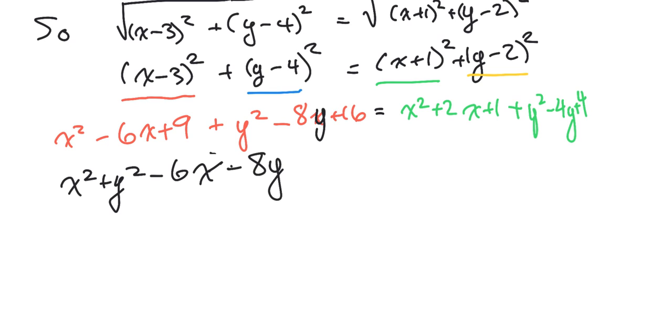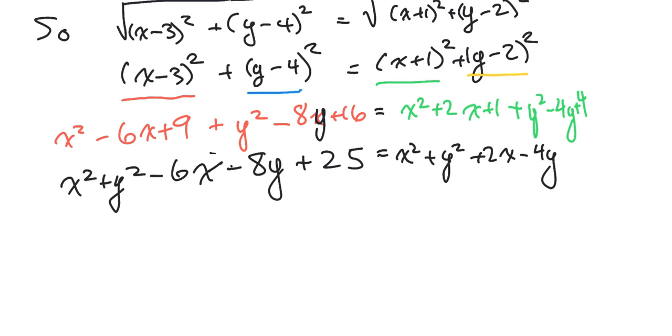And then I've got 9 plus 16, which is 25, which is equal to, do the same on the other side, x squared plus y squared. Now we'll put our x's and y's together. So I got plus 2x. And then I also have minus 4y. And then I have 1 plus 4 is 5.